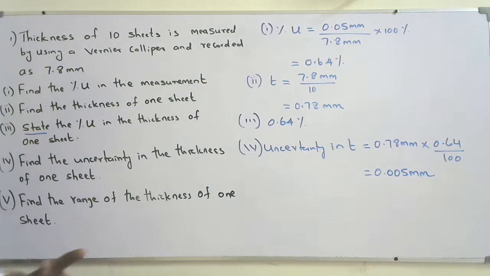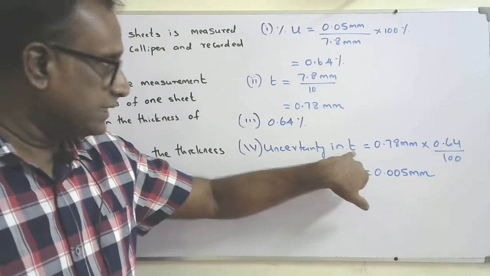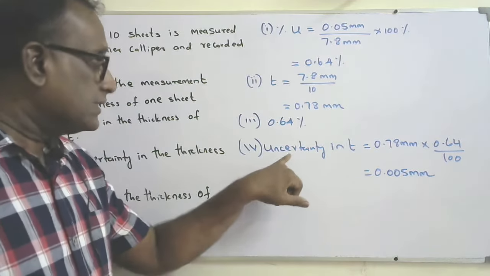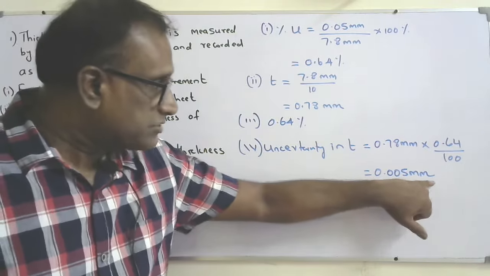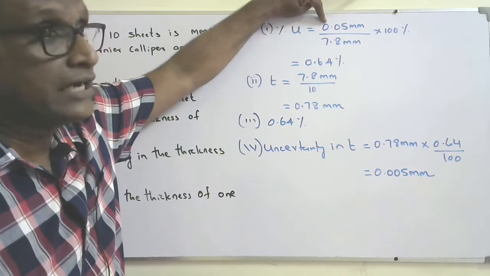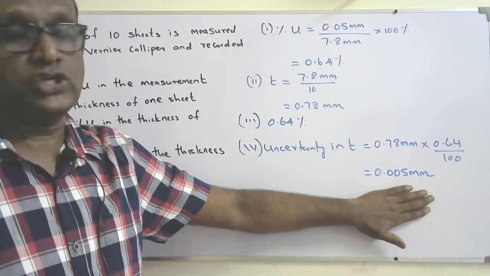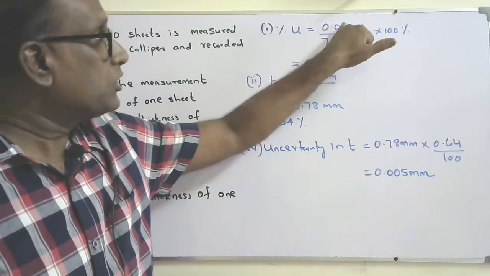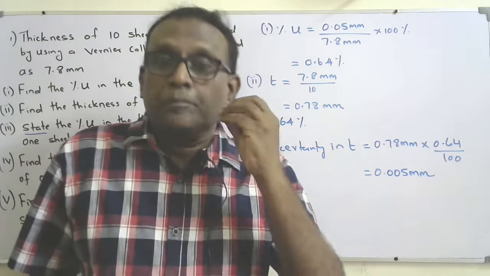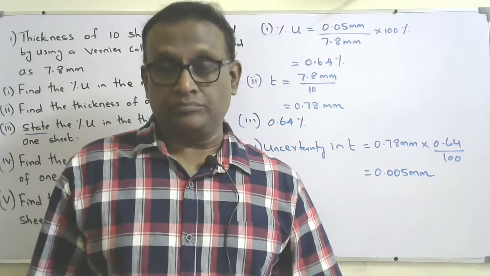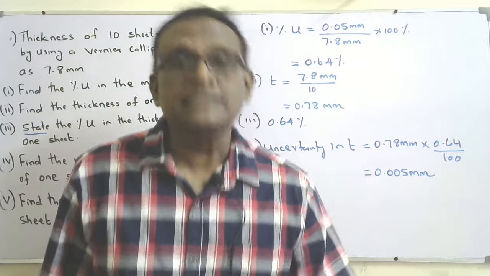Carefully note that the uncertainty in the thickness of one sheet, symbol T stands for thickness of one sheet, I'm using that notation in this question, is 0.005. If you compare this value with this value, you will come to know that the uncertainty is divided by 10. 0.005 is equal to 0.05 divided by 10. So remember another conclusion: whenever a measurement is divided by a number, the uncertainty also will be divided by the same number.